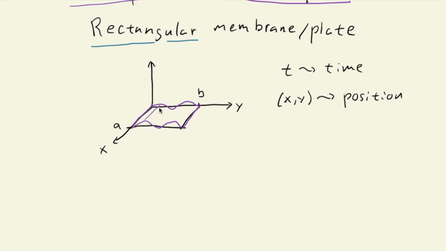And then you see this surface forming, right, as it vibrates. Now this surface is going to be the graph of a function just like before, but now this function has variables t, x, and y.